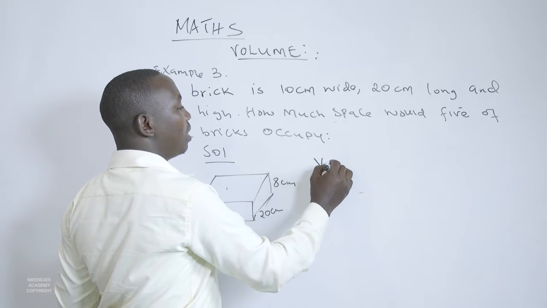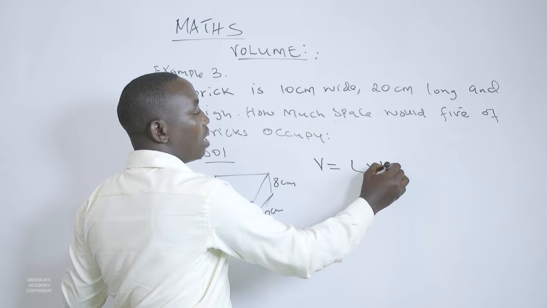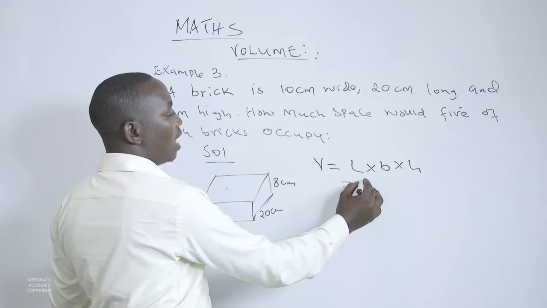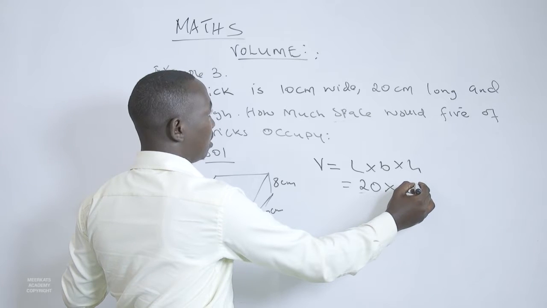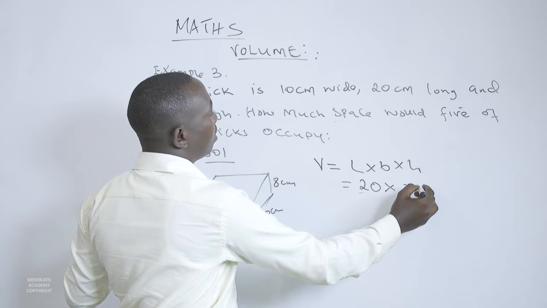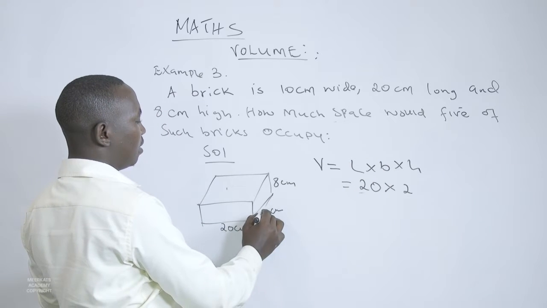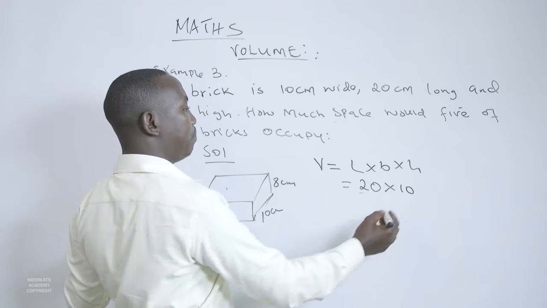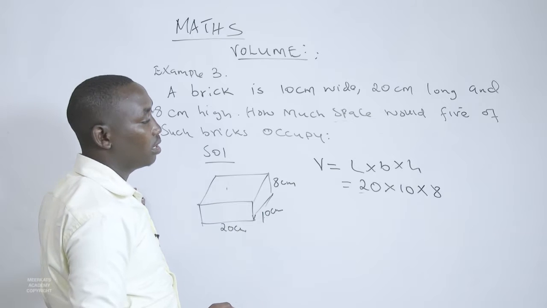So the volume of one brick, we had said, is given by length multiplied by breadth multiplied by height. In this case, our length is 20, our breadth is 10, and our height is 8 units.